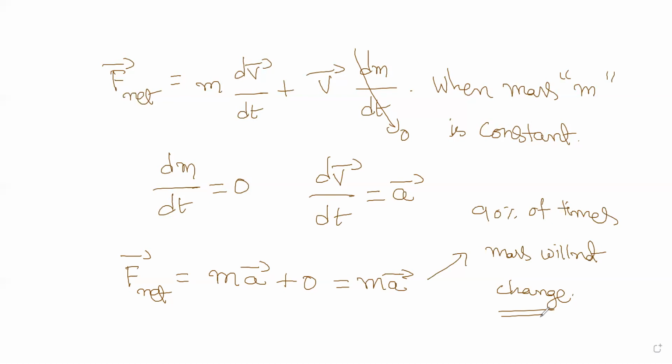Now there are situations where mass will change, but the velocity can remain constant. Mass will change with time, but the velocity remains constant. I will tell you that condition. There are two situations we'll discuss.